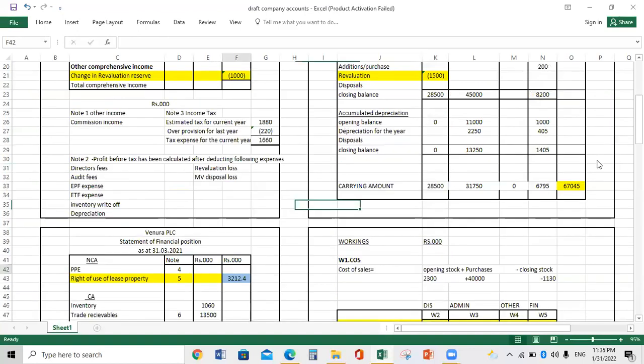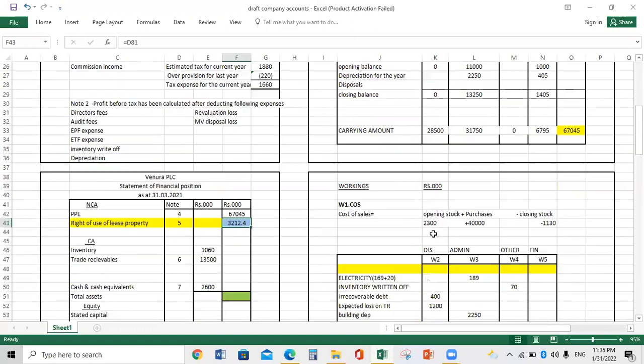Yeah, I didn't find cost of sales yet. I'll find it. Tally. Great. Now, guys, get the cost of sales. Opening stock 2,300. Add the purchases 40,000 minus the closing stock.